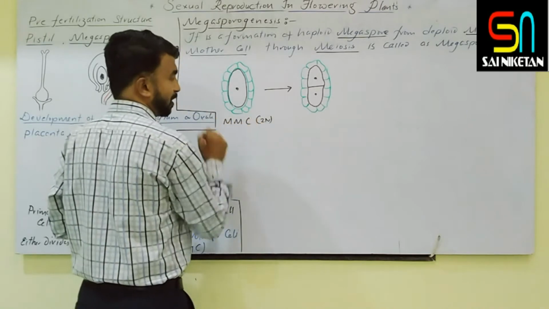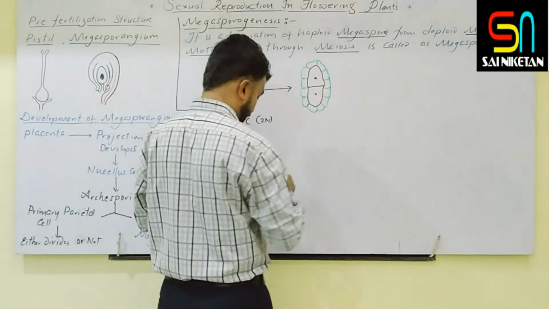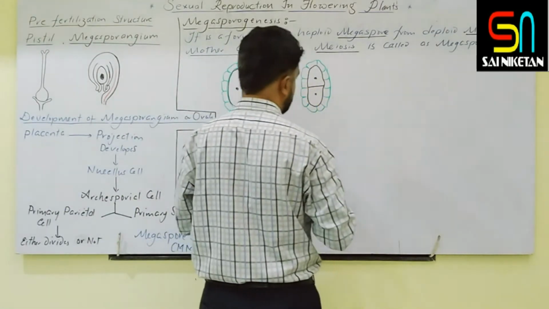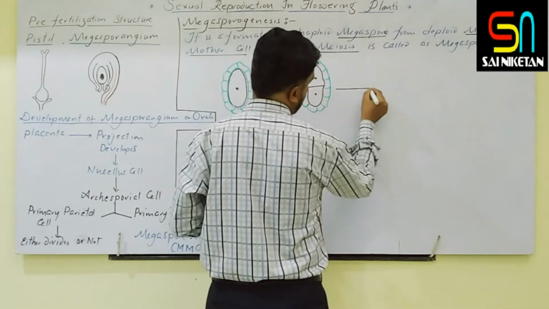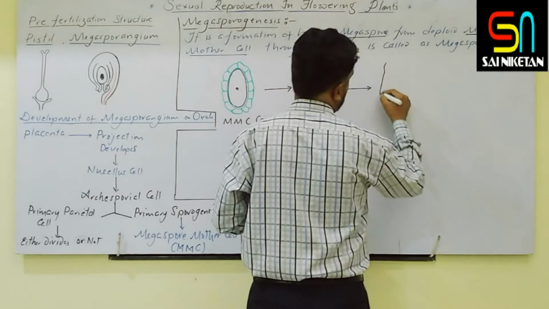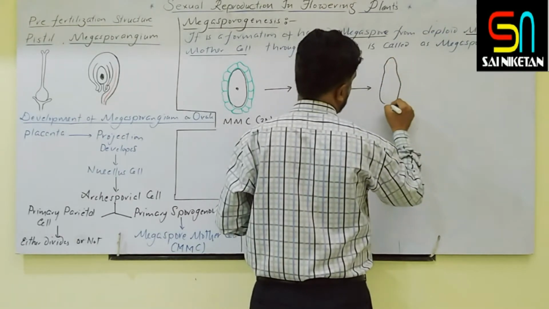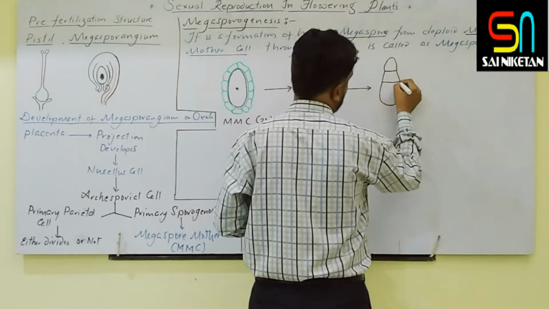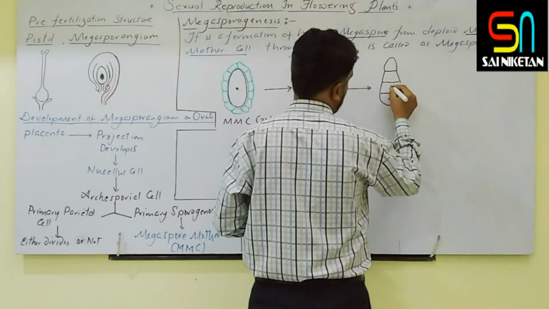So this is the diploid megaspore mother cell, and these are the haploid megaspores. But still one more step is there, that is meiosis 2. After meiosis 2, almost 4 megaspores are formed.